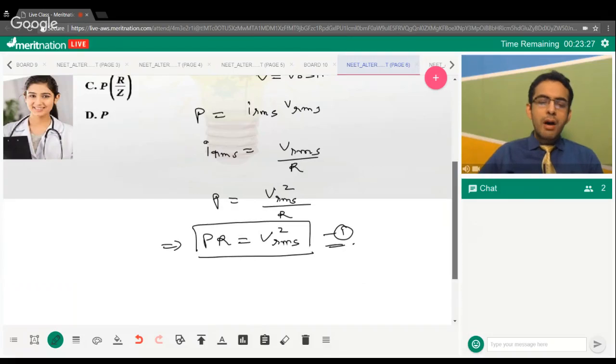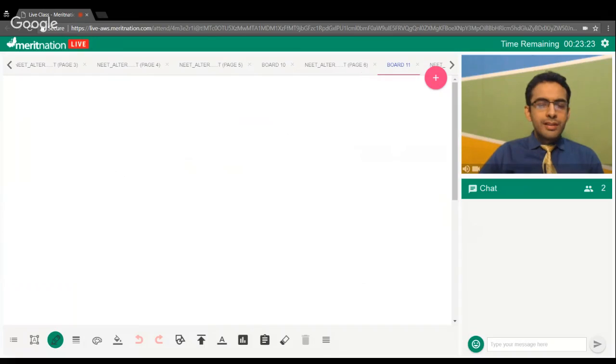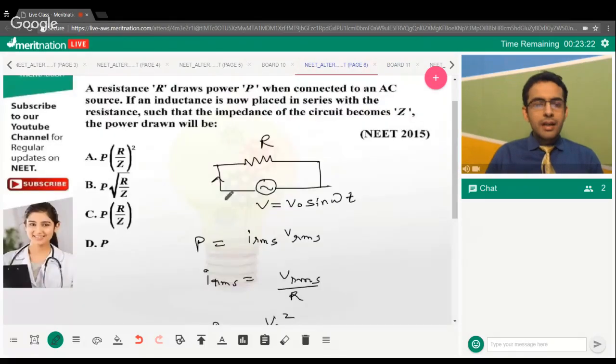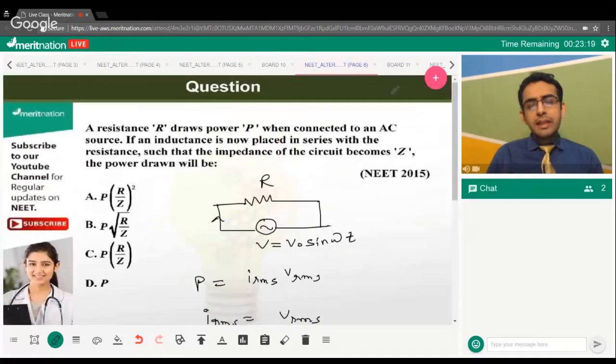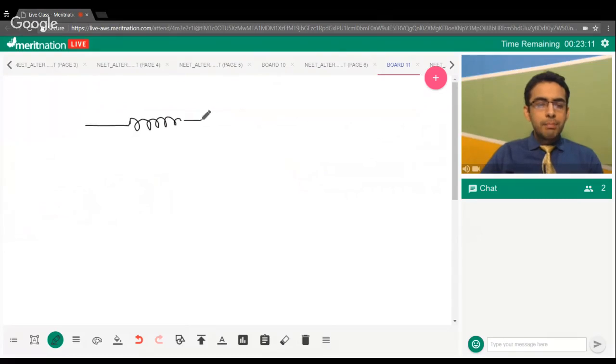Now talking about the second part of the question. If an inductance is now placed in series, we have to find the power. Given that when the inductance is placed in series, the impedance is Z now.